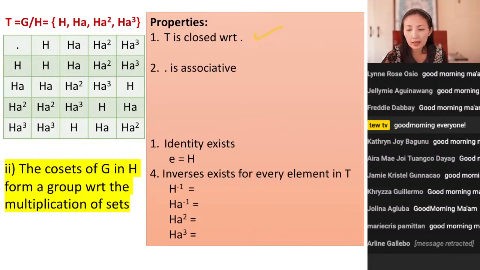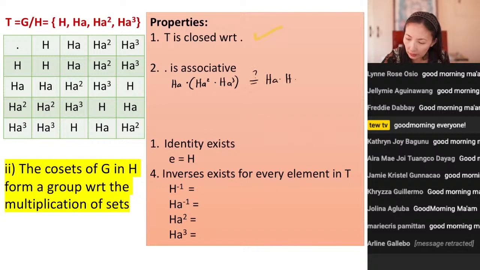Next, is it associative? Now you can check for associativity. For instance, is HA times HA squared, times HA cubed, equal to HA times HA squared times HA cubed? Okay, HA times HA squared.